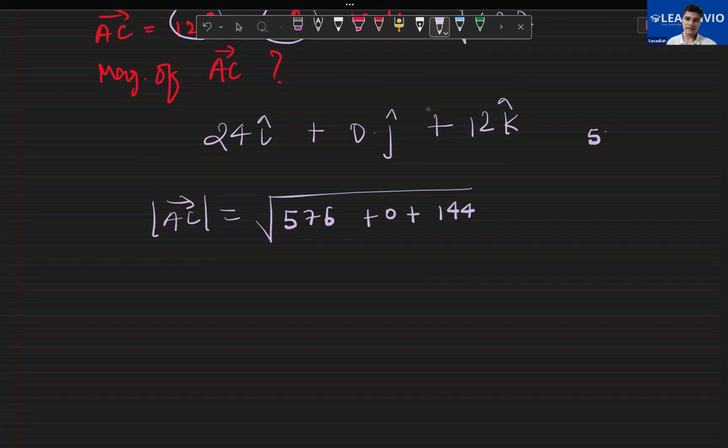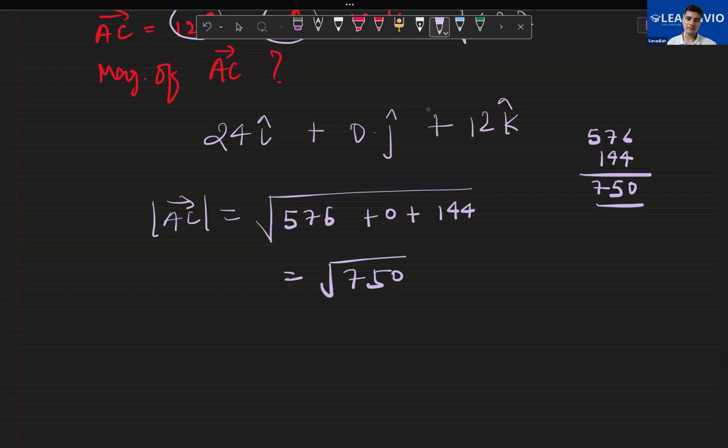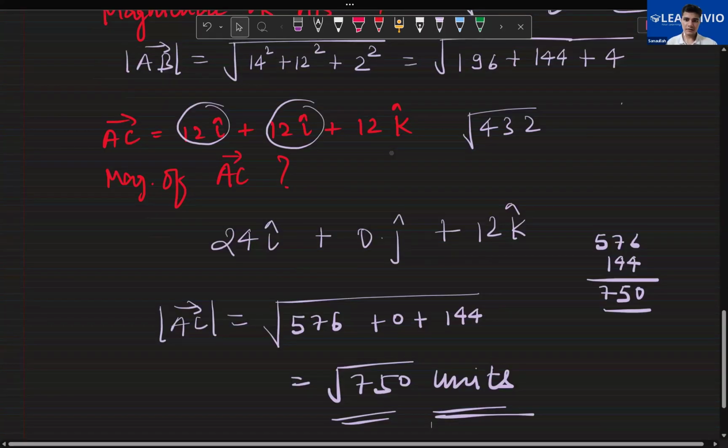So 576 plus 144 is 720 units. All right. Is it clear now?